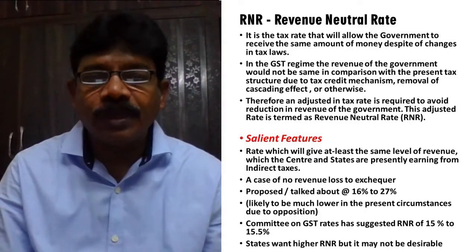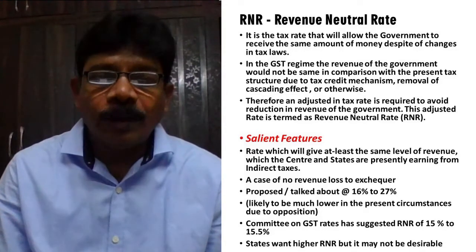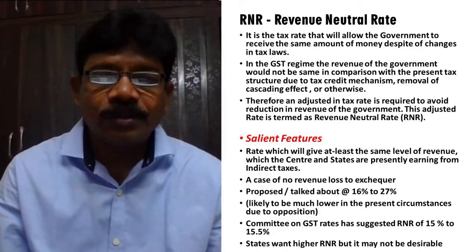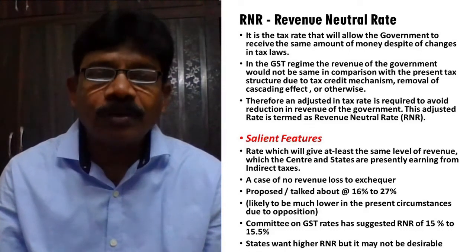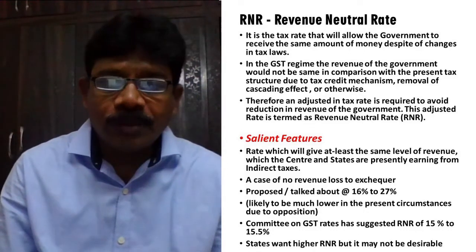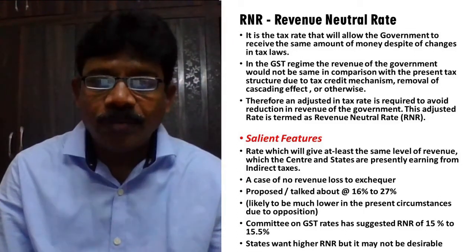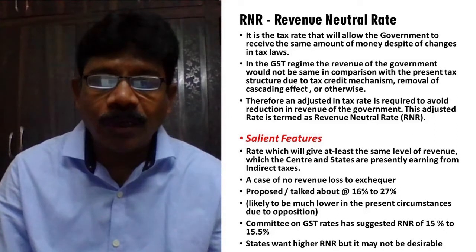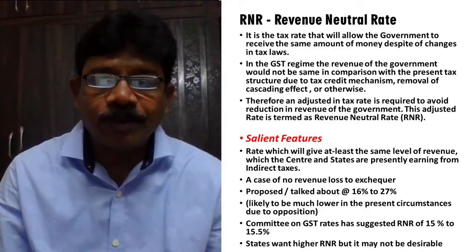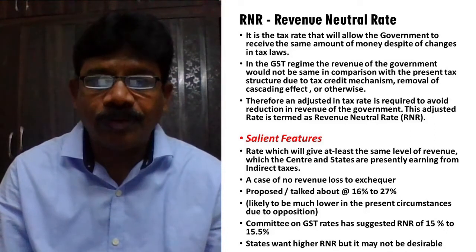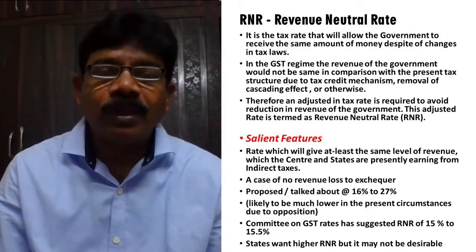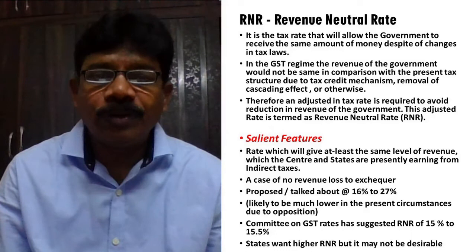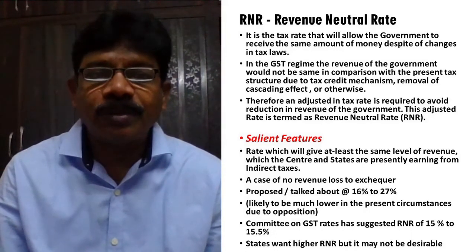The GST Council is composed of all revenue ministers of state governments, headed by the central finance minister. And states with a higher RNR, but it may not be desirable. If the RNR rate proposed by the government is 15 to 55%, and if Telangana, where most of the business is done in Hyderabad, and most revenue Telangana is getting is from Hyderabad.